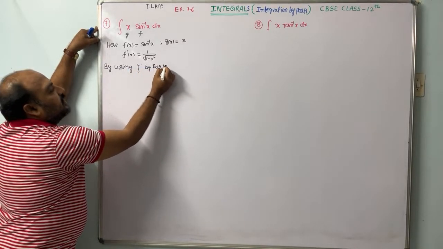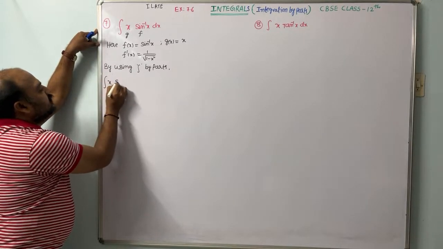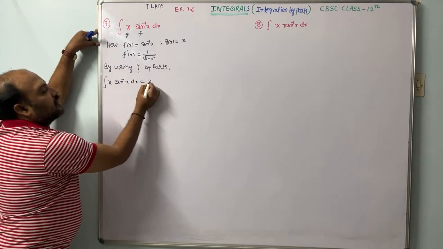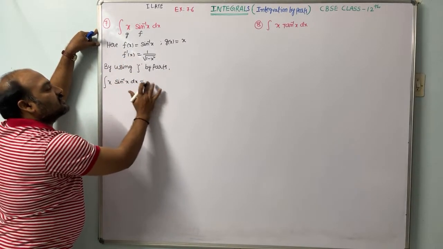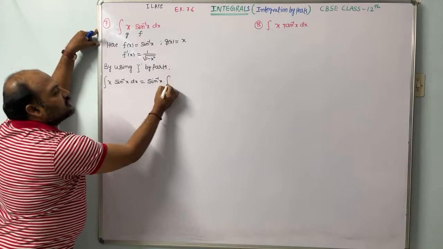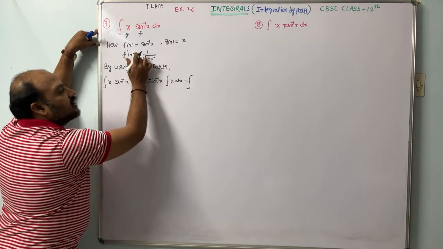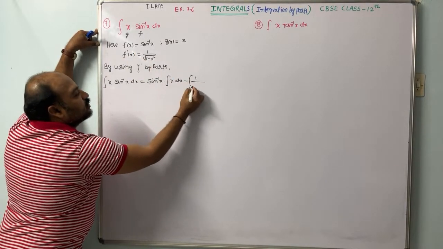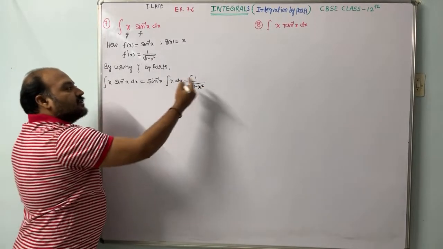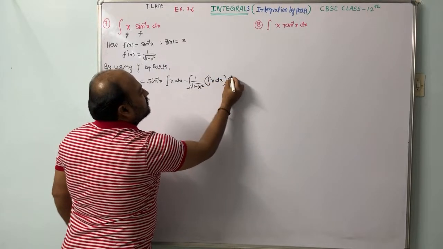By using the integration by parts formula, which I already said at the beginning of the class, dear students, integral x into sine inverse x is equal to f of x into integral g of x, that is sine inverse x into integral x dx, minus integral f dash of x, which is 1 by root of 1 minus x squared, into integral x dx, whole dx.